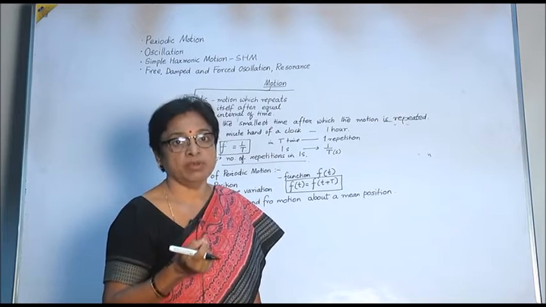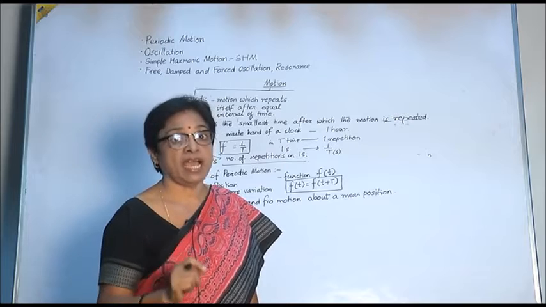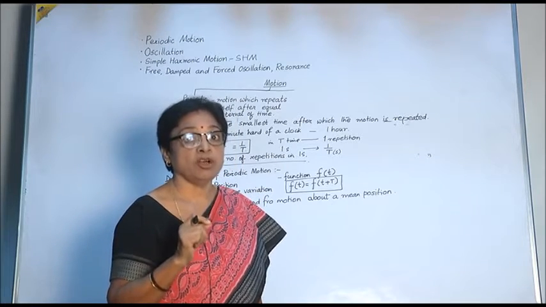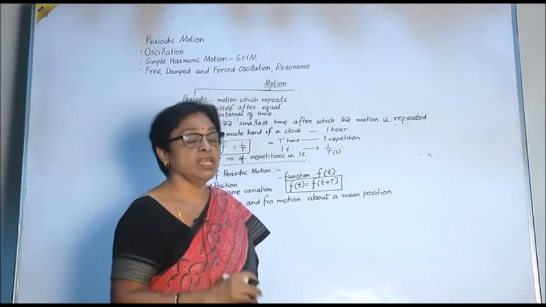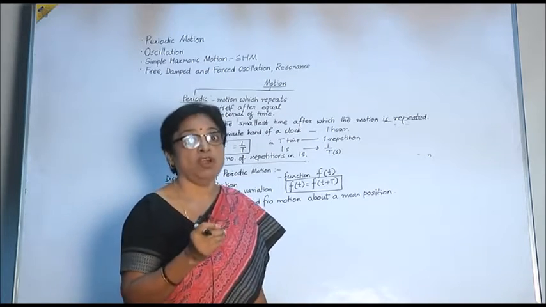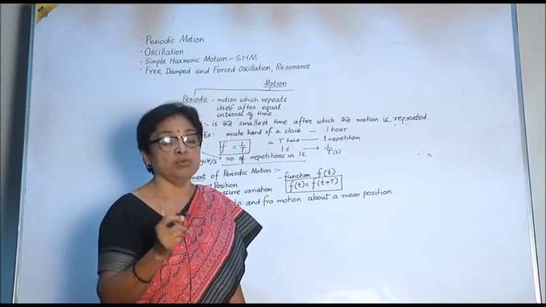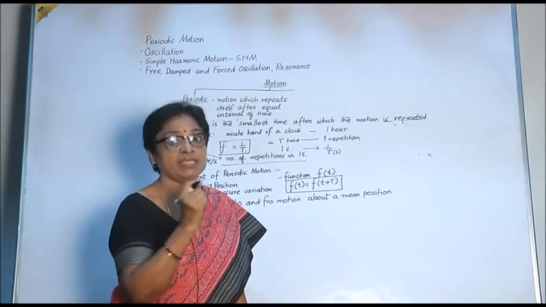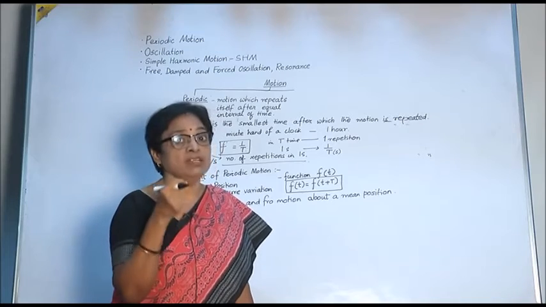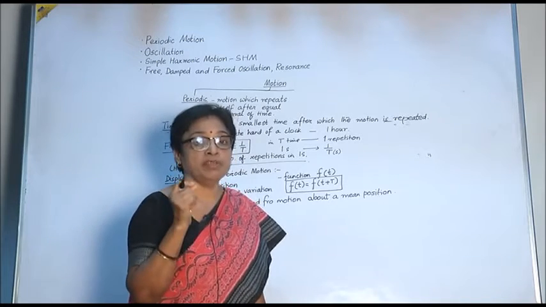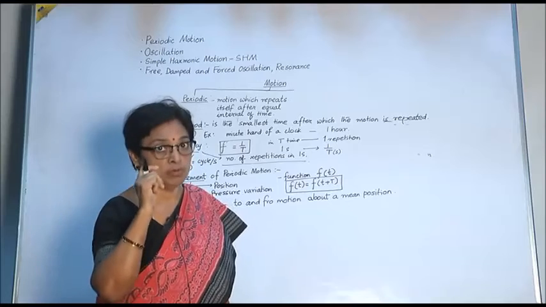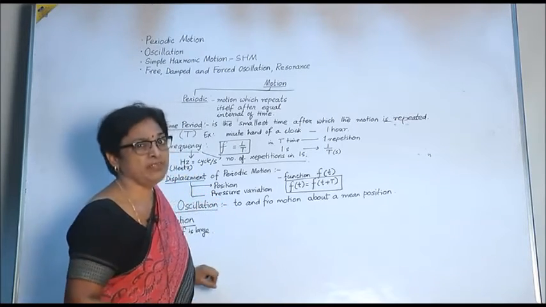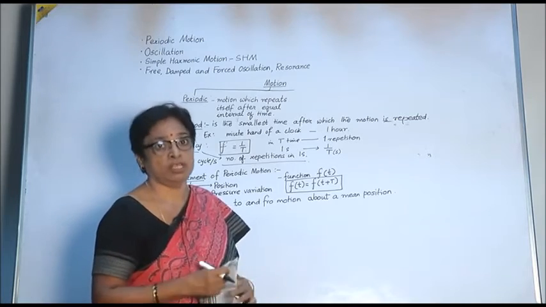That is when the frequency is high, we say the vibration of the string, we do not say the oscillation of the string, but we say oscillation of a simple pendulum or oscillation of a swing. There the number of cycles it goes in 1 second can be seen and it is small. So, when the frequency is small we call it oscillation, otherwise we call it a vibration. That is the only difference, otherwise they both are oscillations.